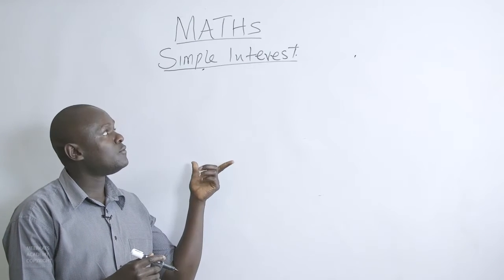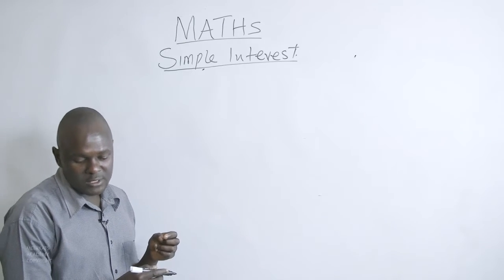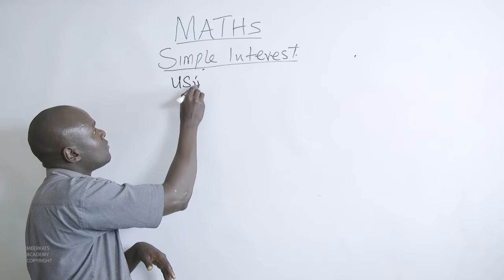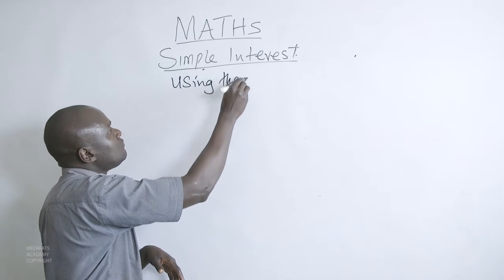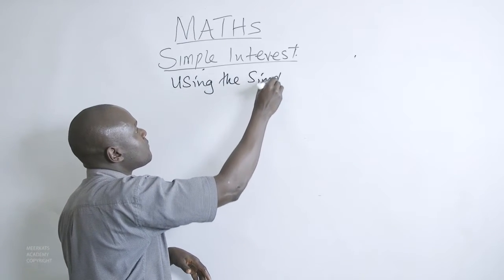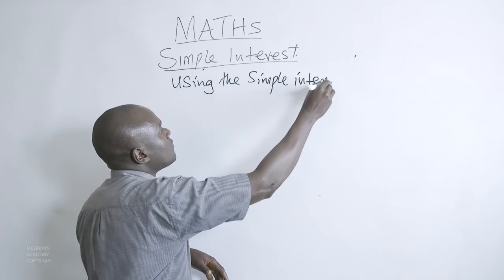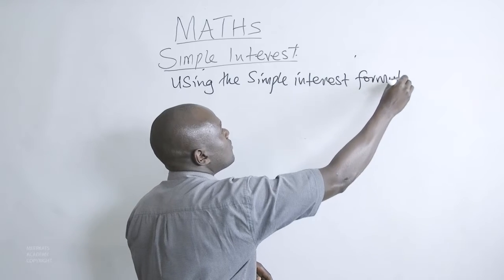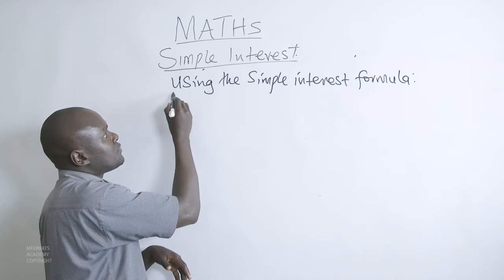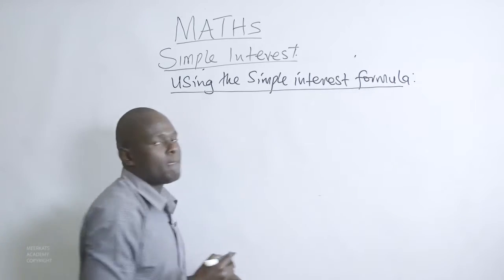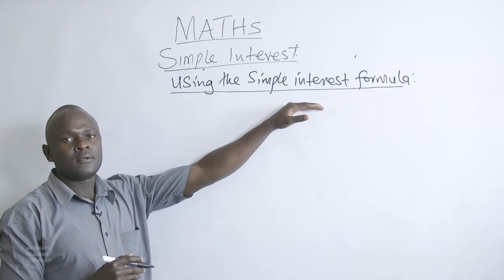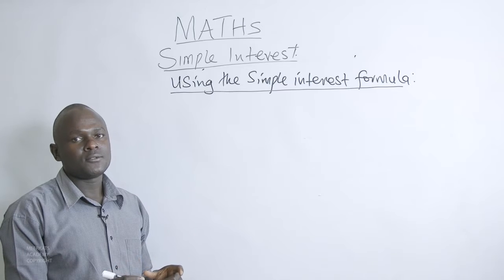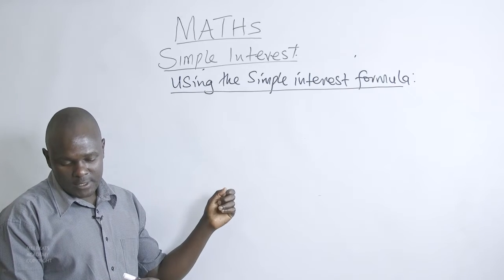And now I want us to move on and look at how to use the simple interest formula in actual calculations. To help us understand the application of this formula, we are going to use examples for us to internalize the formula.